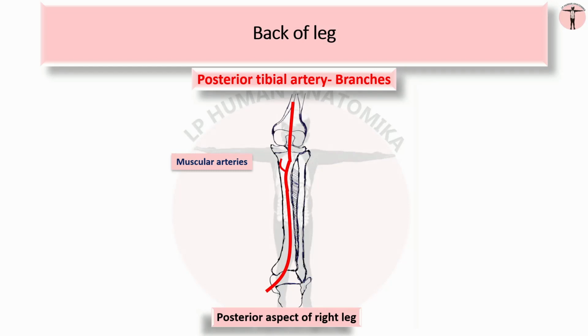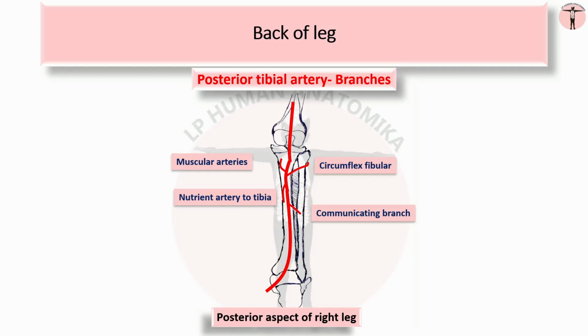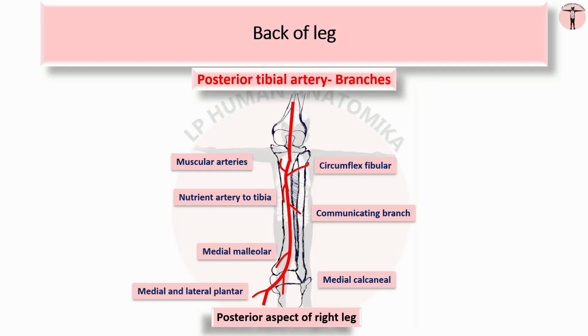Muscular branches are distributed to muscles in the posterior compartment of the leg, nutrient artery to the tibia, circumflex fibular artery which winds round neck of fibula and takes part in genicular anastomosis, communicating branch which joins the branch of peroneal artery, medial malleolar branch takes part in medial malleolar network, medial calcaneal branch supplies skin of the heel, and the terminal branches medial and lateral plantar arteries.